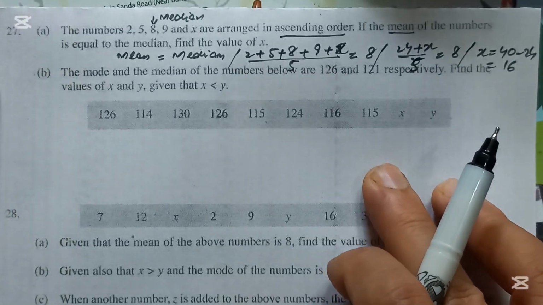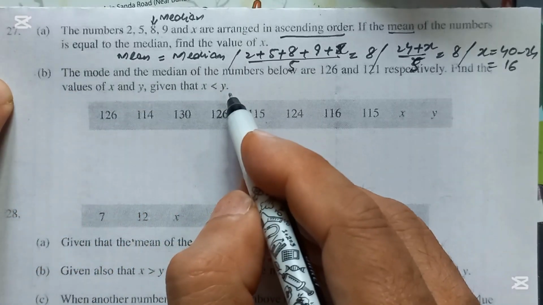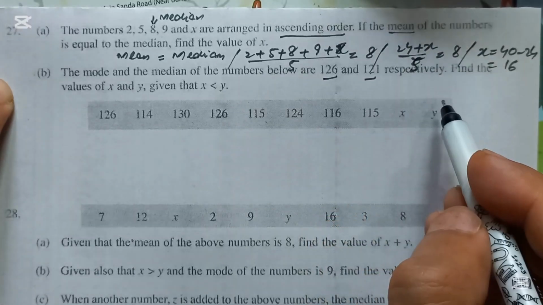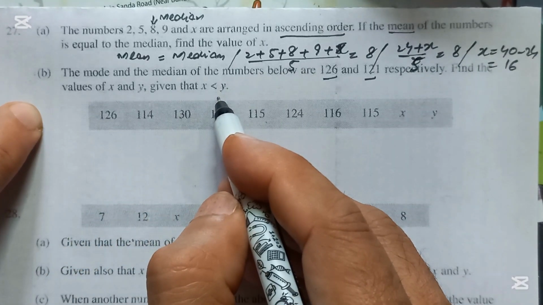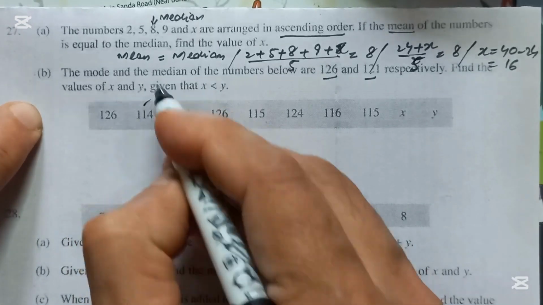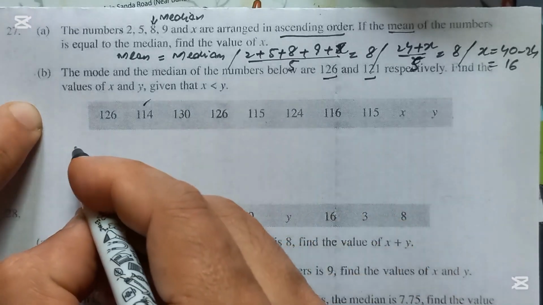The statement of question number 27 B part is the mode and the median of the numbers below are 126 and 121 respectively. Find the values of x and y given that x is less than y. So attentive beta, first we have to arrange the data in ascending order. So 114.